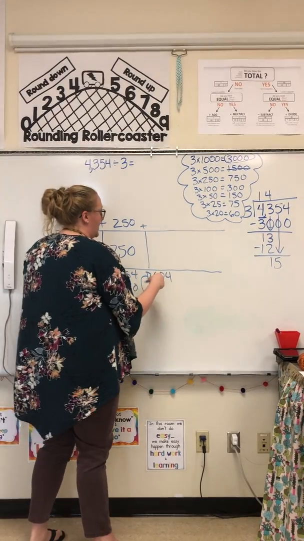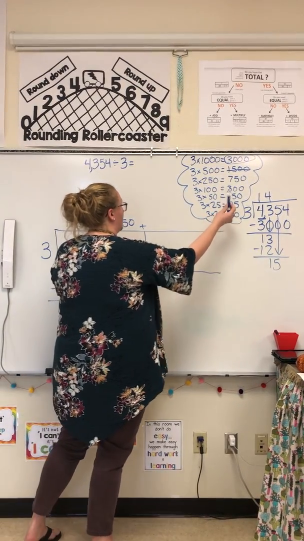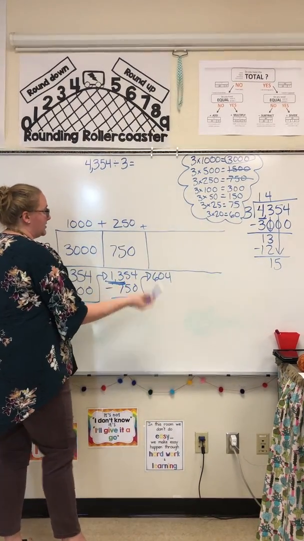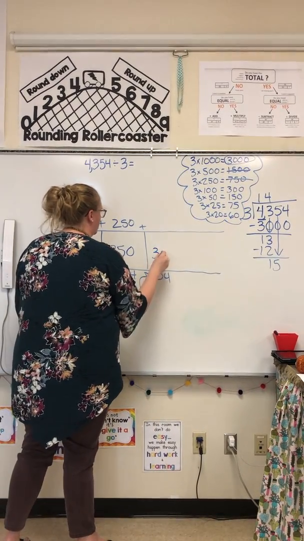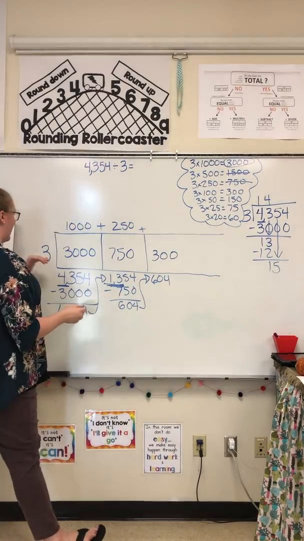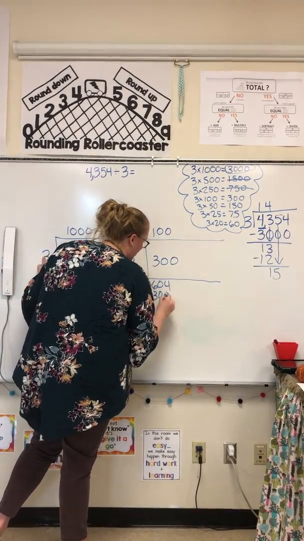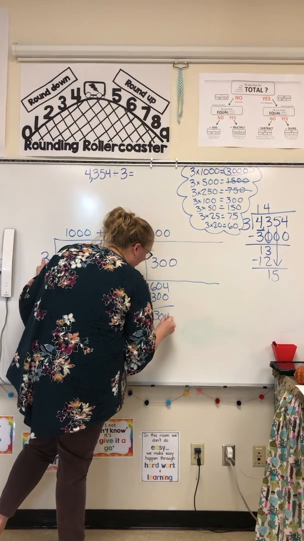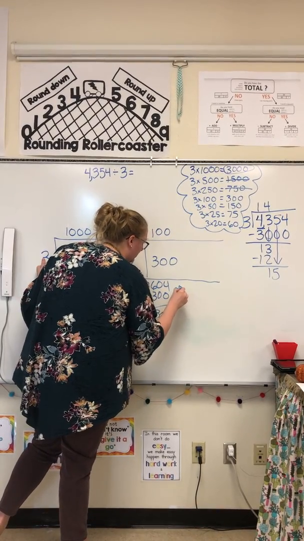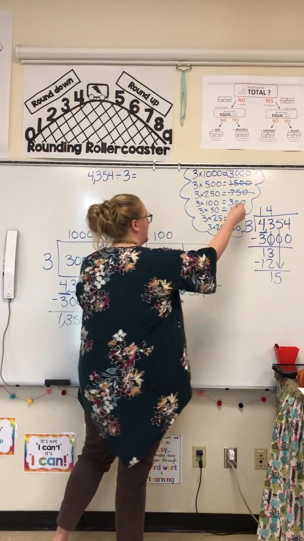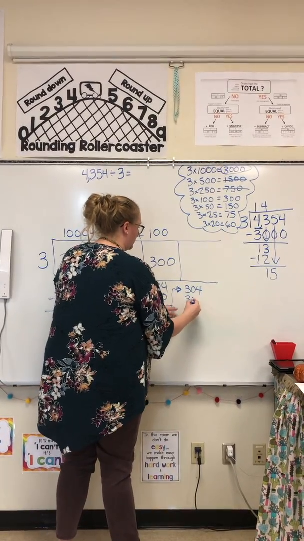So 604 is our new one. I can't use 750 again, it's too much, so I'll use 300. I get 300 by 3 times 100, minus 300. 304, scoot this over. I can use 300 again, 304.